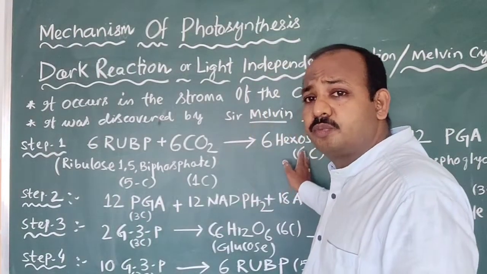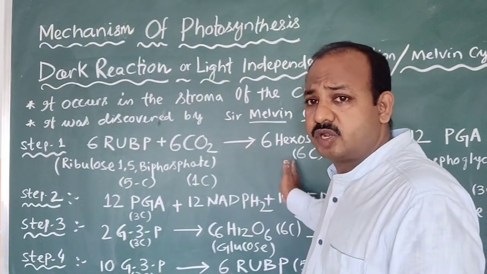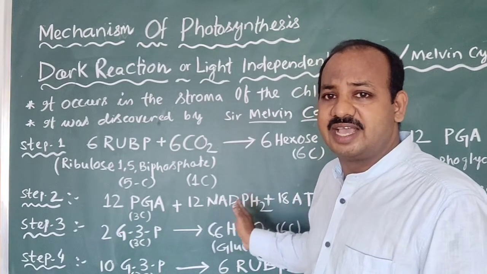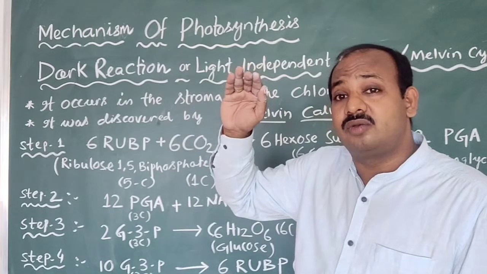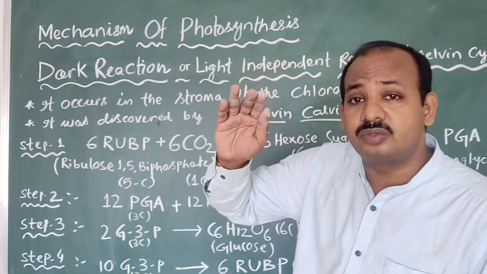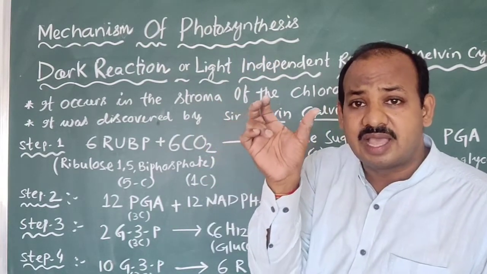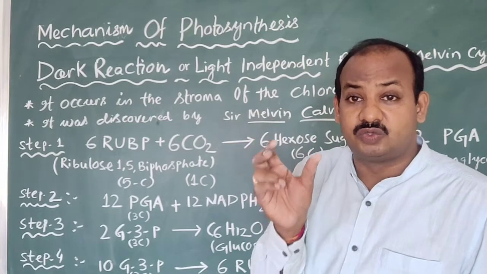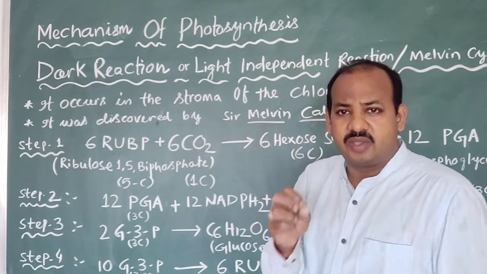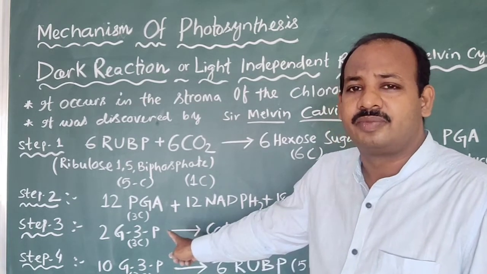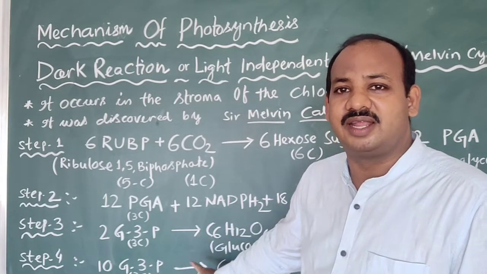Okay, children. Next, you can see the second step. The 12 molecules of PGA produced in the first step, plus in the light reaction, already you know NADPH2 and ATP were produced. They were the assimilatory powers, energy rich molecules. Now energy is required for this step, for the reduction of carbon dioxide.